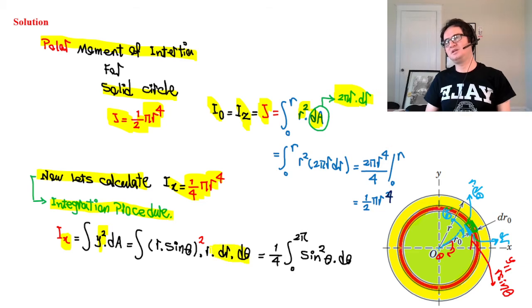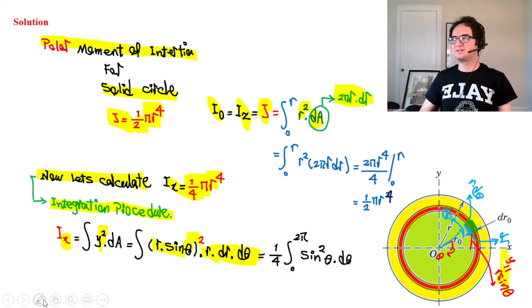The other one is y squared, which is r sine of theta squared. If you do the math, it gives you r to the power of 4. Take r out of the integration, then integrate from 0 to 2 pi, which is the entire circle, 360 degrees, sine of theta to the power of 2 d theta.